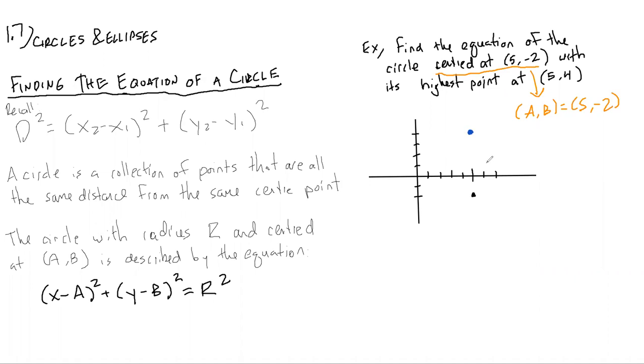Again, you might be able to figure out the radius from just looking at that. If you choose to go a little bit further, maybe try to draw the circle. I don't know, that looks okay to me. But the important thing is seeing that radius. You definitely see that right there.